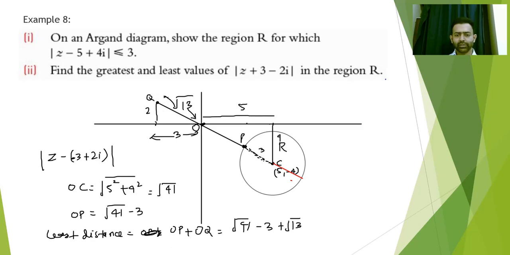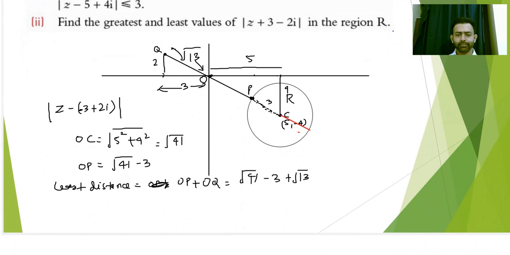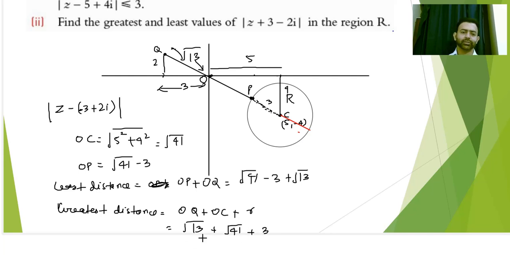So the greatest distance, you can write, is OQ plus OC plus the radius R. OQ is root 13, OC is root 41 and R is 3, right? This is the maximum distance, right?